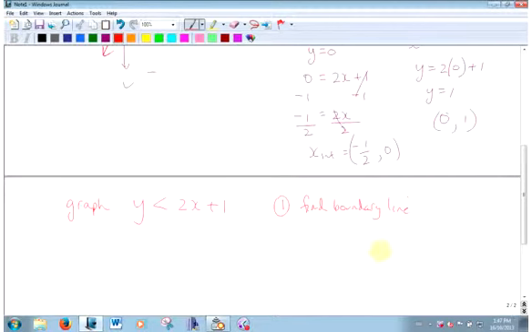I've already done that. So i.e., treat as just an equality, okay? Solve for x-intercept and y-intercept. All you need to do a line is 2 points.